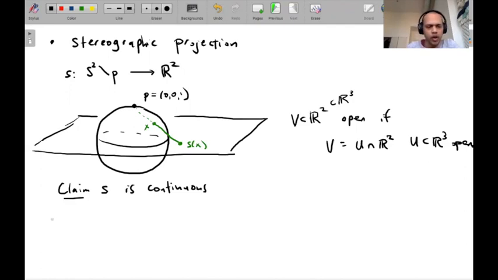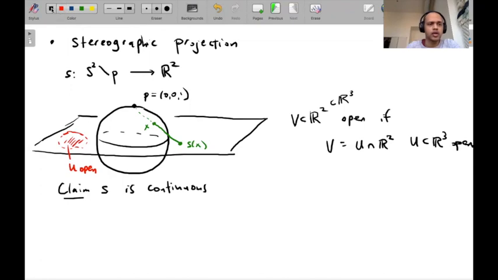But okay, so what we want to do now that we understand the topology on these two sets is show that, given an open set U in R2, the inverse image of U under S is also open.